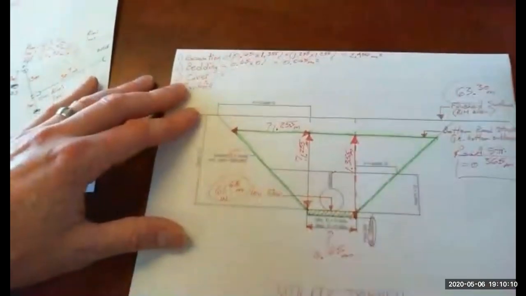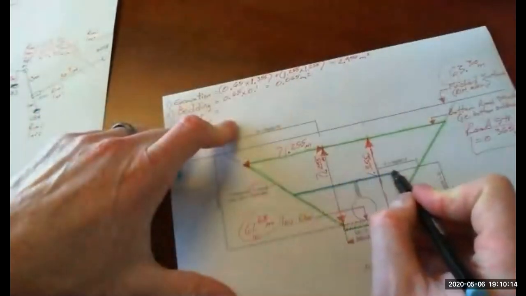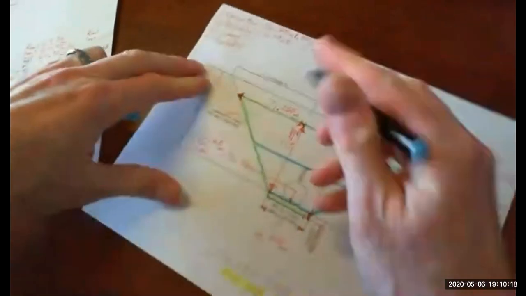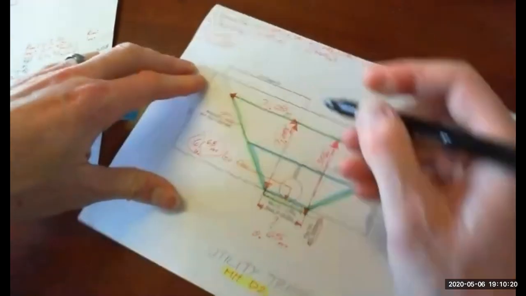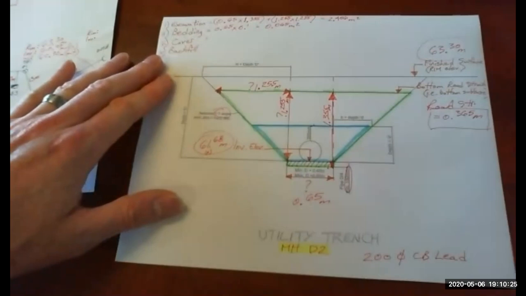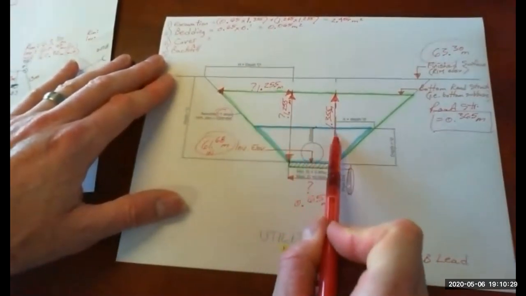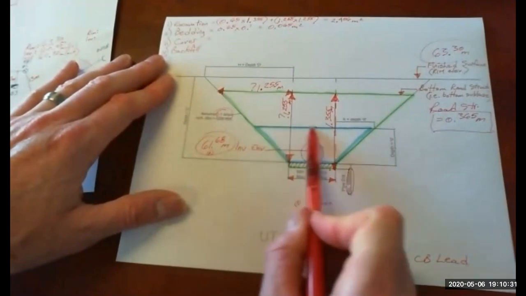Okay, so the cover, again, is the blue. I'll do the quicker calculation. This rectangle here I'll do.